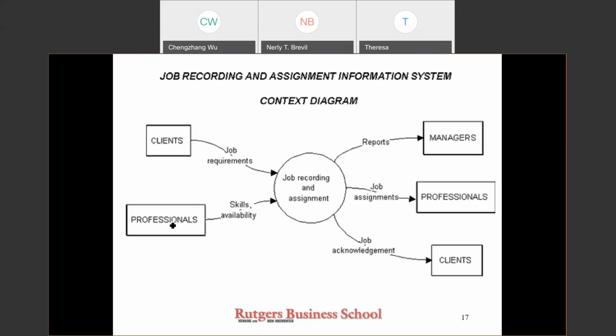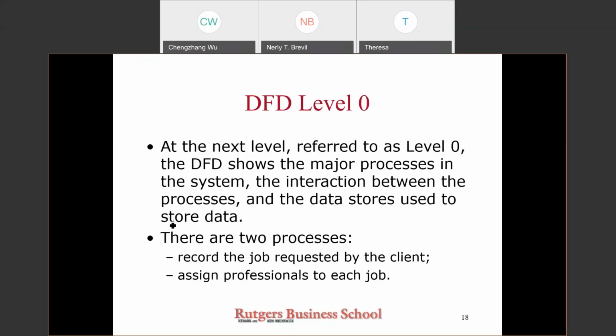After that, we need to examine some details. So let's look at level 0 of DFD diagram. At this level, level 0, it shows the major processes in the system. You can also see the interaction between the processes as well as the data store used to store data.